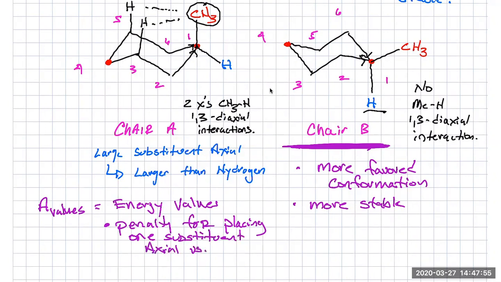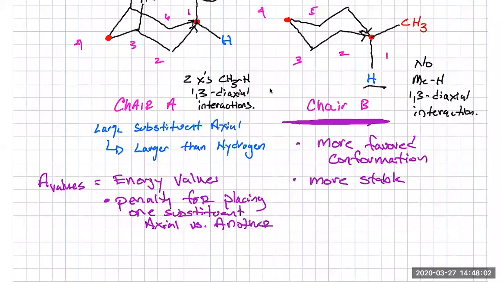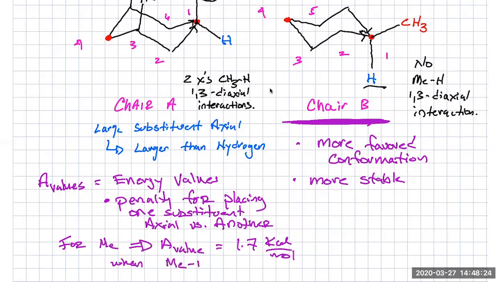versus another. So when you have an A value of 1.7, that's the A value for CH3 hydrogen interactions. So for methyl, the A value equals 1.7 kcal per mole when it interacts with those methyl hydrogen 1,3-diaxial interactions.